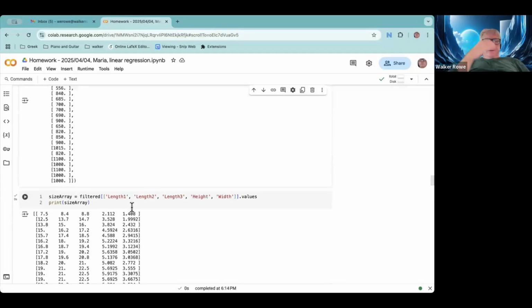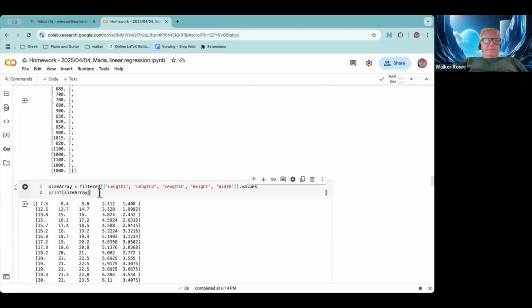Now, the size array has the things that you need. This is going to be X, right? These are the things that we need in order to train on, to calculate the weight. We need to know the length, 1, 2, 3, the height and the width. Now she didn't have to do any kind of reshape because she just did it like this.